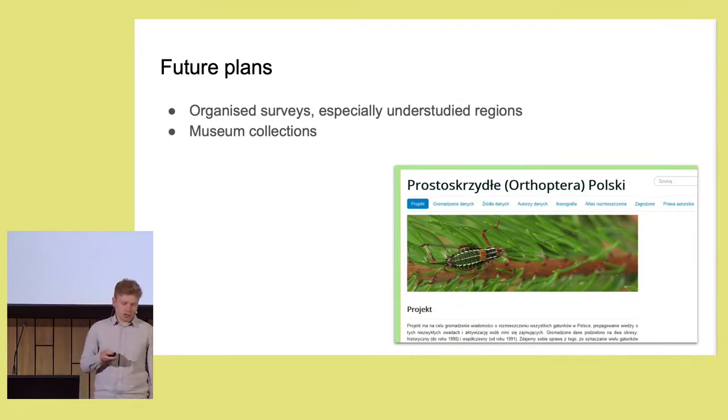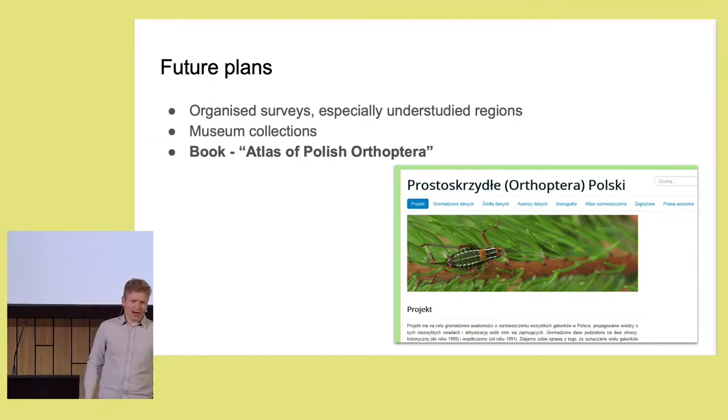Then museum collections are also on our very first list, because there is another big amount of historical data that is only present in museum collections in Poland that nobody has looked at for a long time. And of course the end idea of this project is to publish a book, an atlas of Polish orthopterans, with information, which should also foster interest in orthopterans in Poland.